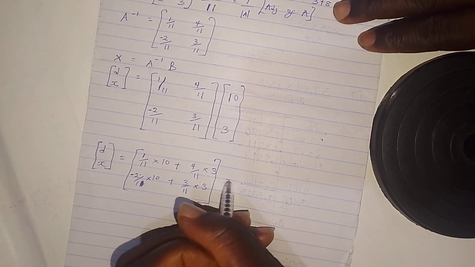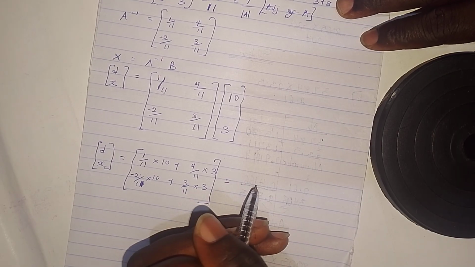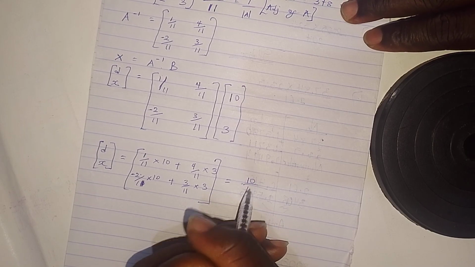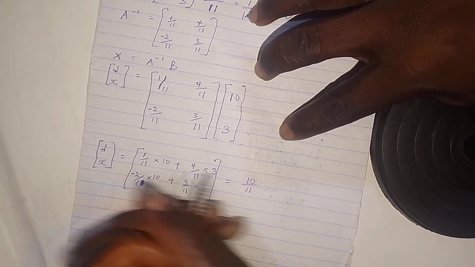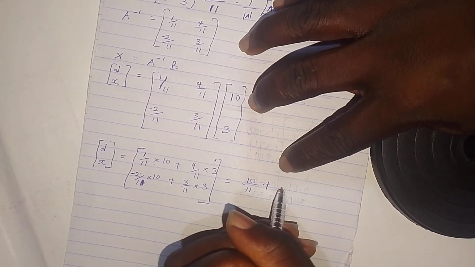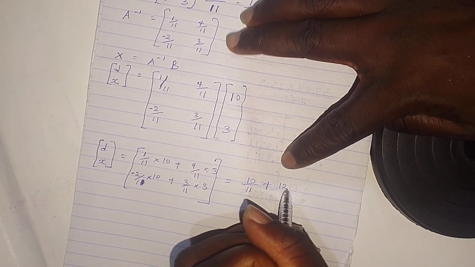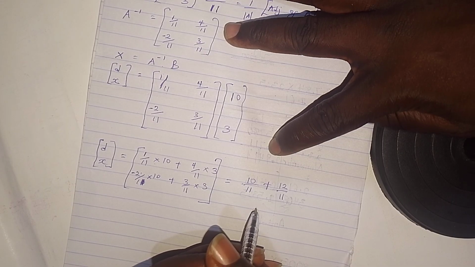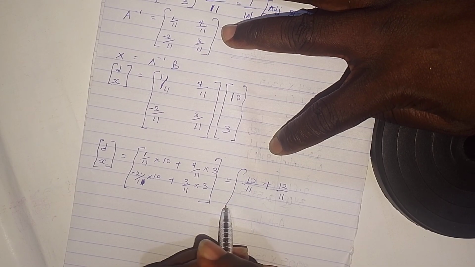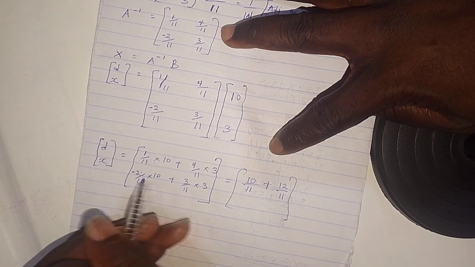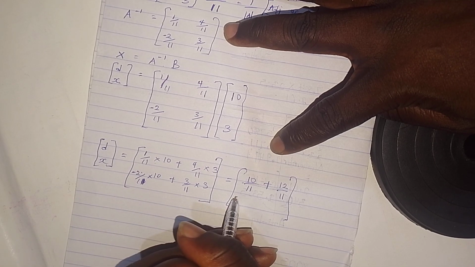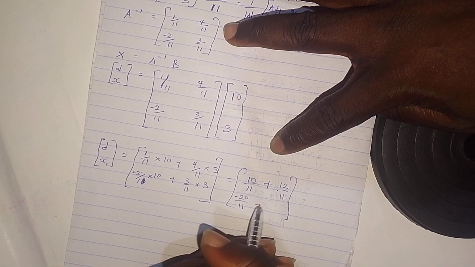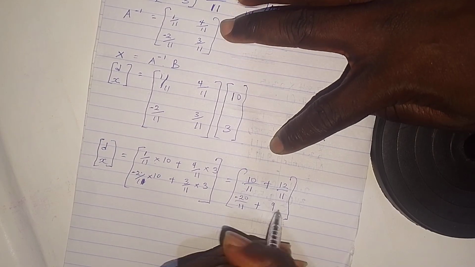So that will give us 10 over 11 plus 12 over 11, and this will give us minus 20 over 11 plus 9 over 11.